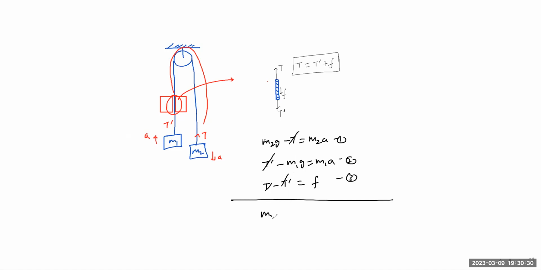So what you get here? M2G minus M1G minus F equals M2 plus M1 into A. So A becomes M2G minus M1G minus F upon M2 plus M1. You got it, right?